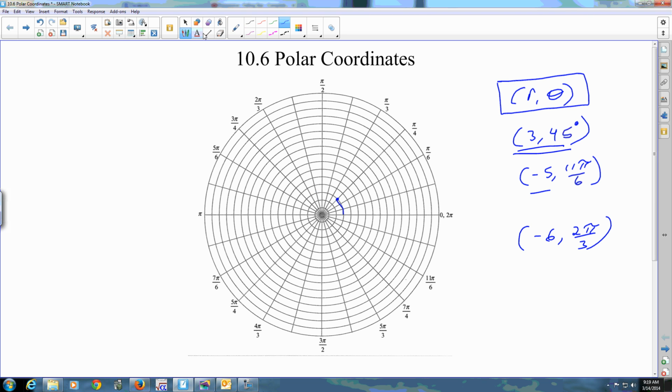The book's going to say back up 6 units. So I'm going to back up 6 units, 1, 2, 3, 4, 5, 6. And then from this point here, you need to rotate 2 pi over 3. So 2 pi over 3 is going to take you to here. Nope, I did the wrong amount. See, that's why I think it's difficult to do.